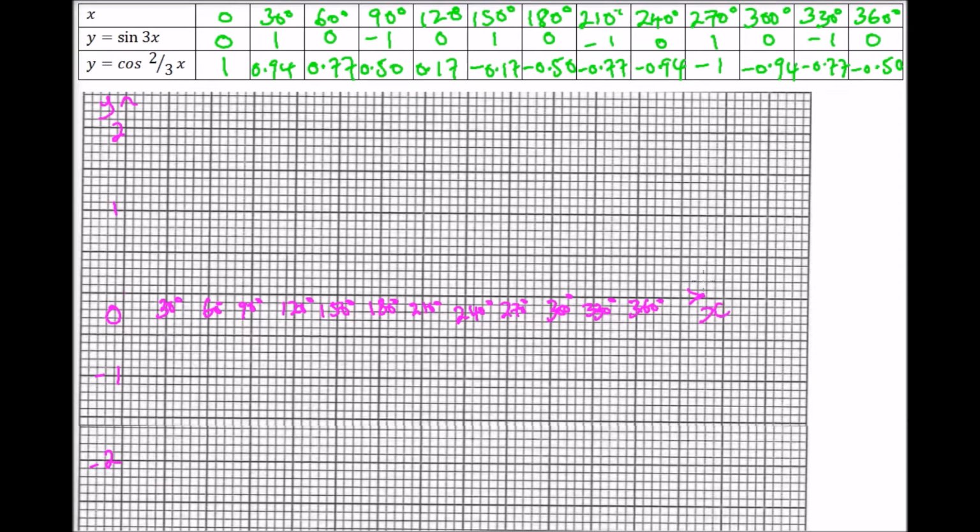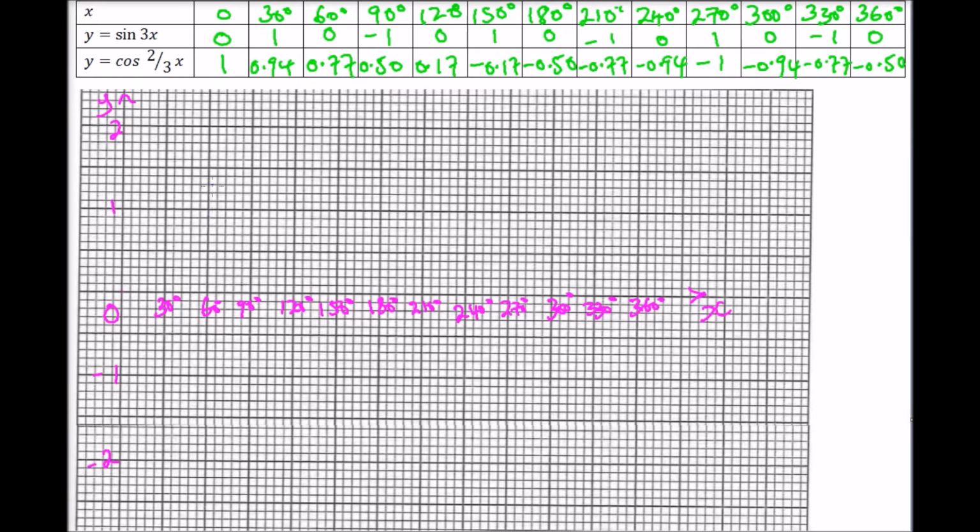From there, let us plot the first graph of y equals sine 3x. We start by labeling the graph of y equals sine 3x. So we start from 0, that is a point.